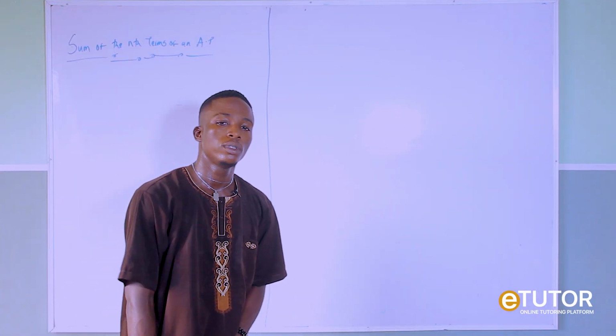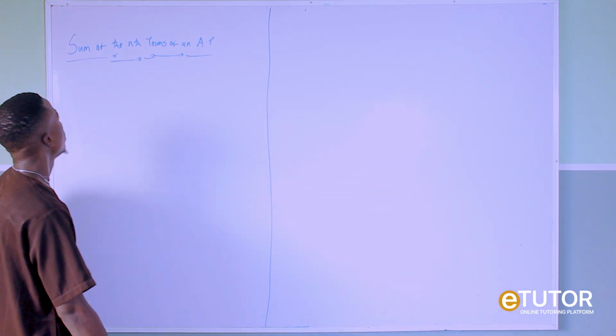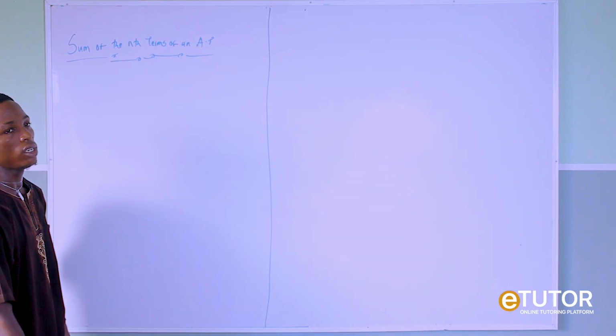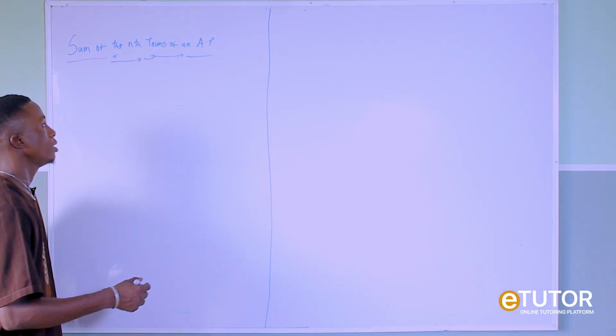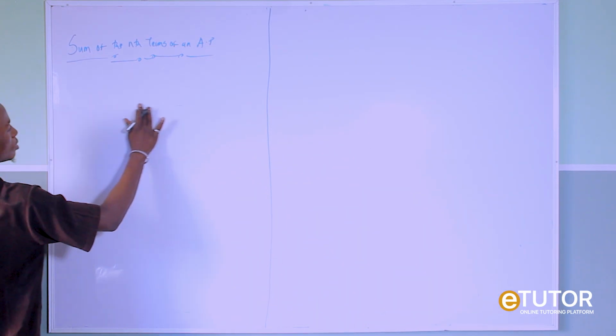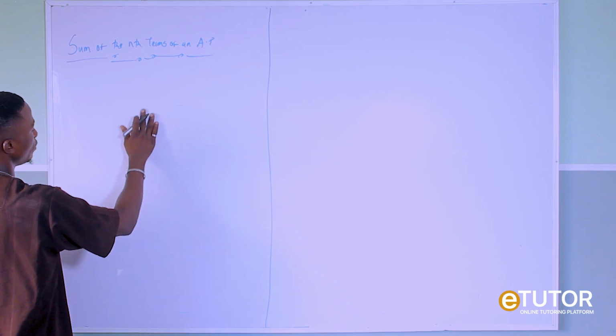All right, so the next subtopic is sum of the nth terms of an AP. Now, this has a very, very different formula.